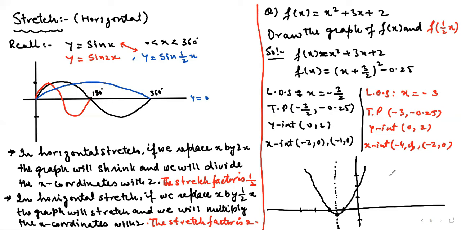Now we want to draw y equals f of half x. The line of symmetry is x equals -3. This one is the turning point. The x-intercepts are -4 and -2.